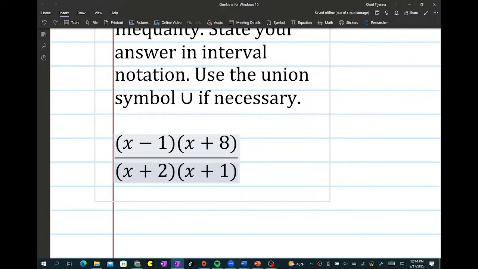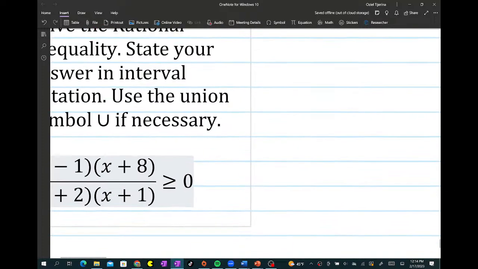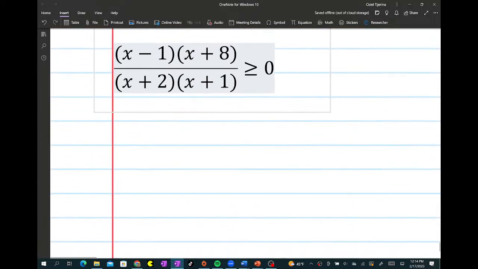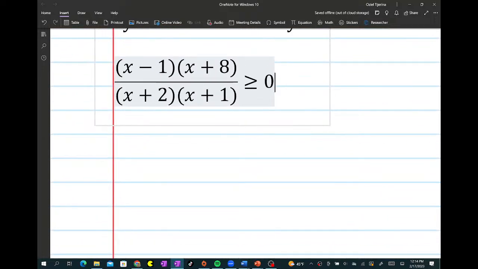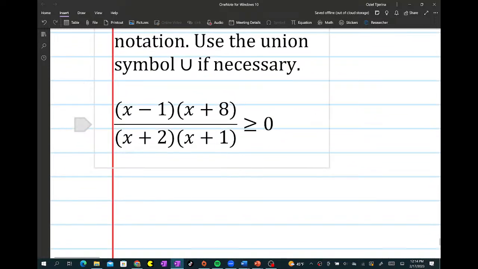And this is going to be greater than or equal to 0. So in this problem, we have this stuff going on.